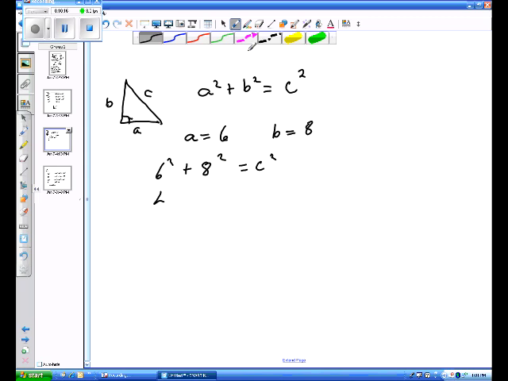So that's 36 plus 64 equals C squared. 100 equals C squared. Taking the square root of both sides, plus or minus 10 equals C. Since we're talking about a distance, it will always be the positive. So 10 equals C.